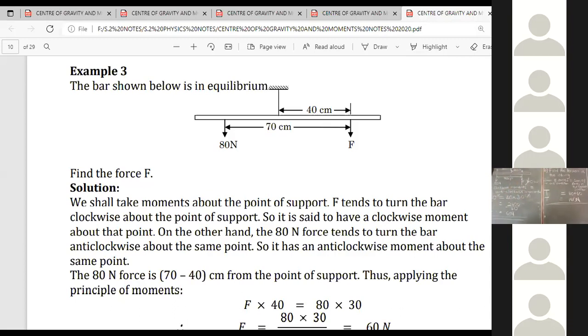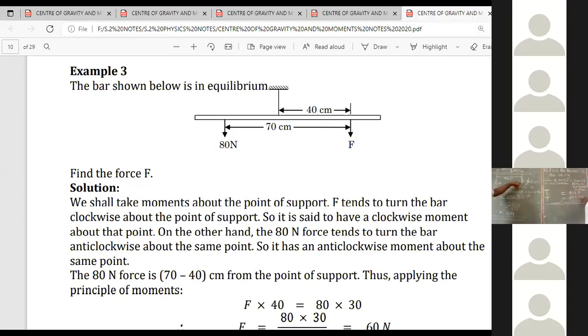Where did the 60 come from? What was 60 in the previous working? F. F is the clockwise force.